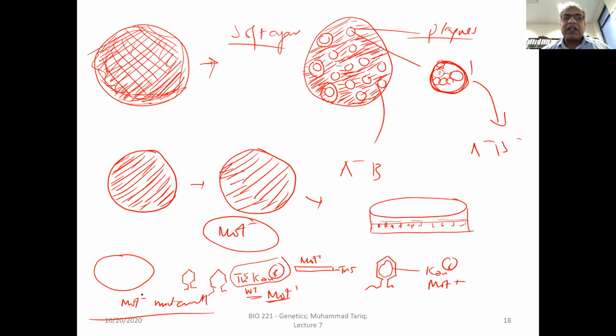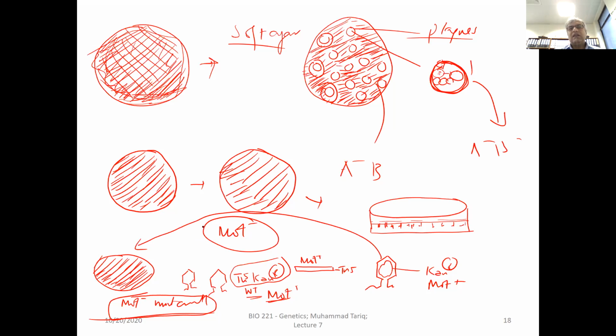Now we infect our mot minus mutants. So we grew mot minus mutants. And we infected them with all the phage particles we selected one by one. And what we did, if phage on this lawn, I made a mistake.